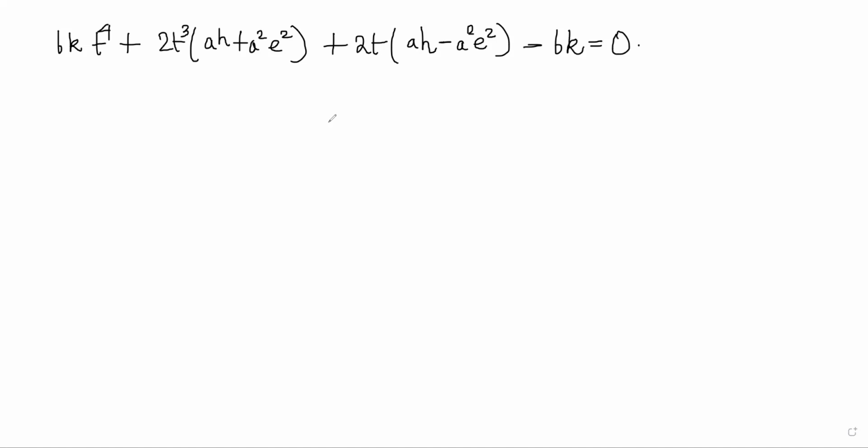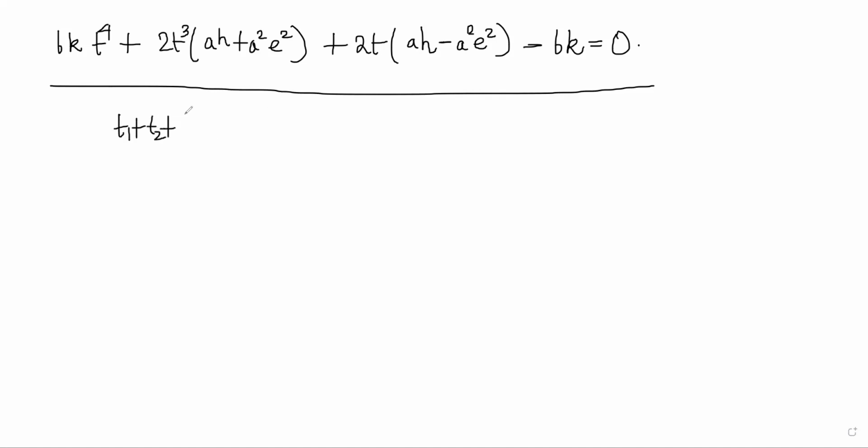This fourth degree equation will have four roots, t1, t2, t3, t4. Sum of the roots, product of the roots, you can write from here now. None of them is so important, only the last one is important. Product of all the roots is coming out to be -1.